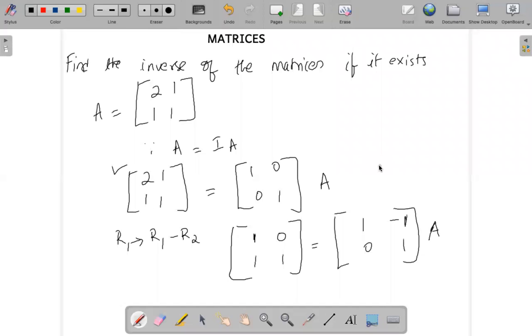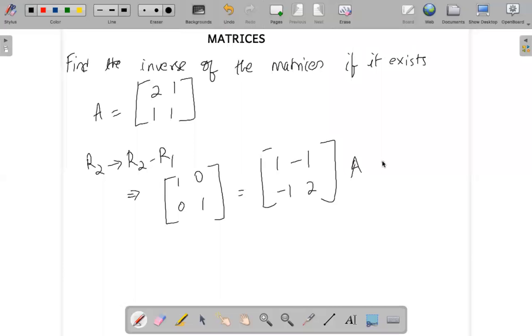Now again applying the row operations, so we'll continue. Again applying for row 2. So hence we got A inverse as 1, minus 1, minus 1, 2. So this is the inverse of matrix A.